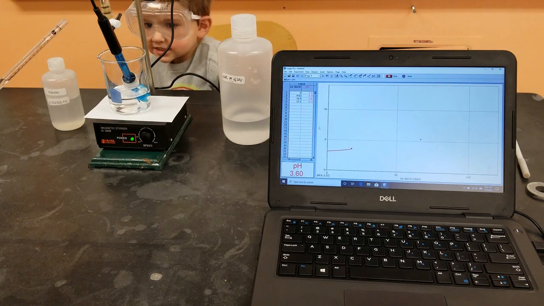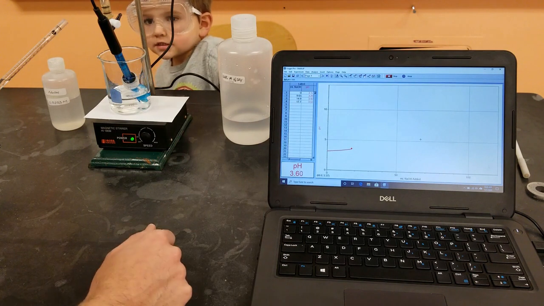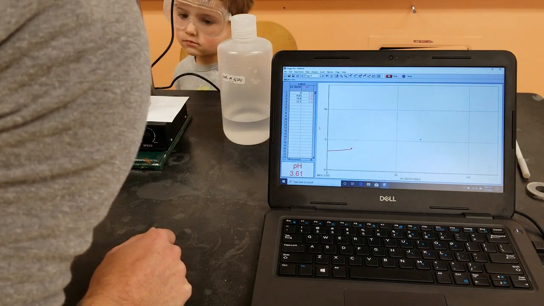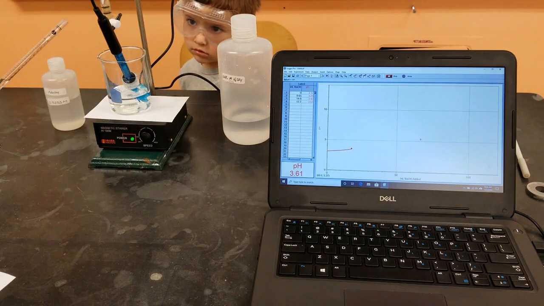So now we're at a pH of 3.6, and the volume of base added is 19.79 milliliters.